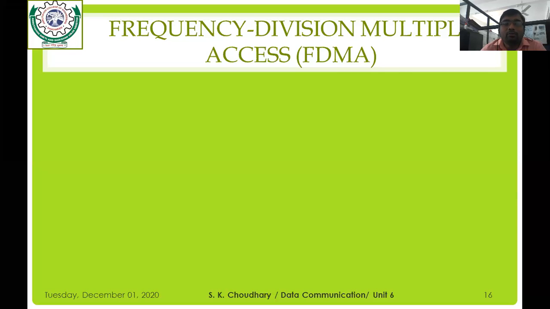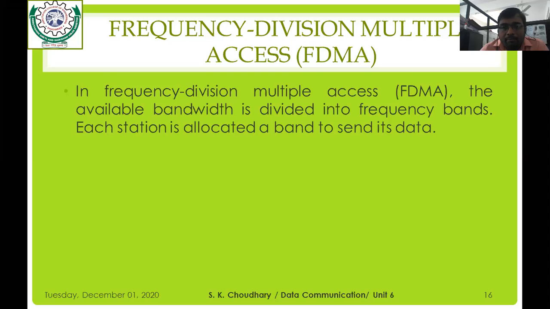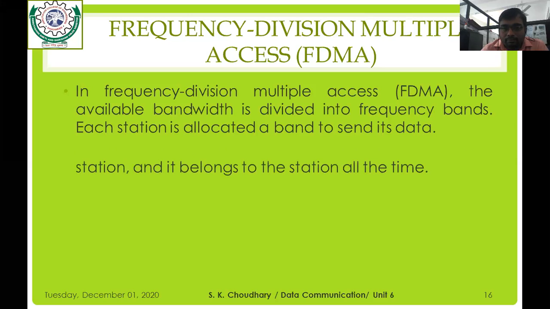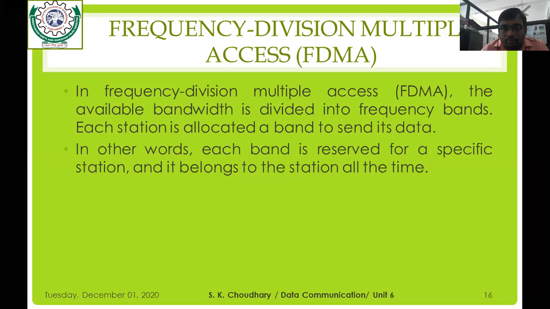Now the extension of this is frequency division multiple access, which we also have to learn. In FDMA, the available bandwidth is divided into frequency bands, and each station is allocated a band to send its data. In other words, each band is reserved for a specific station and belongs to the station all the time.